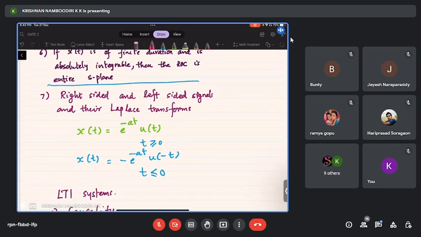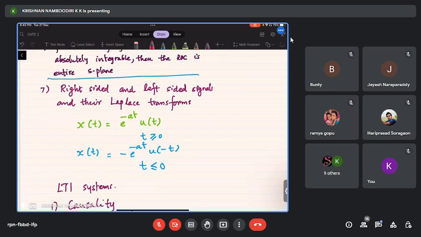If the signal is a right-sided signal, then the ROC will be to the right side of the rightmost pole. Here, 1 by s plus a is the corresponding Laplace transform expression. Here the pole is at s equal to minus a. So the ROC is real part of s greater than real part of minus a, or if a is a real number, real part of s greater than minus a.